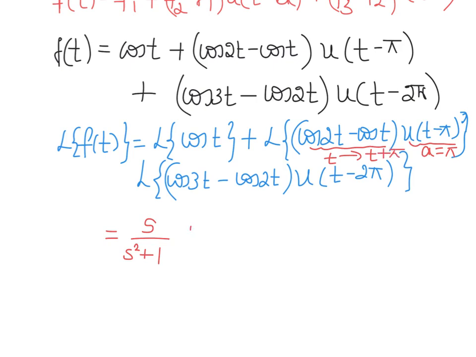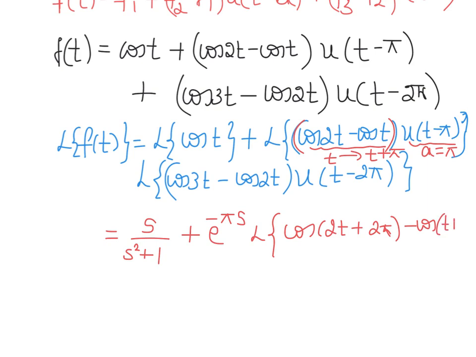So according to the formula or property, it is e power minus as, so e power minus pi s. Laplace transform of, in the function given here, you have to change t to t plus pi, that is cos(2t plus 2 pi) minus cos(t plus pi).